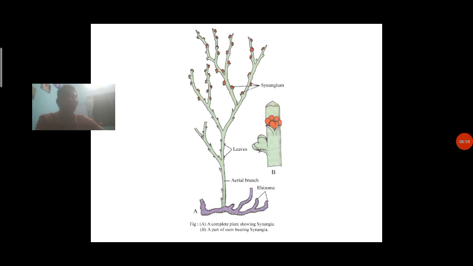On this aerial branch there is a presence of very small leaves, and when the plant becomes mature, these leaves give rise to a synangium. You can see the synangium appears on the matured plant in this particular portion.